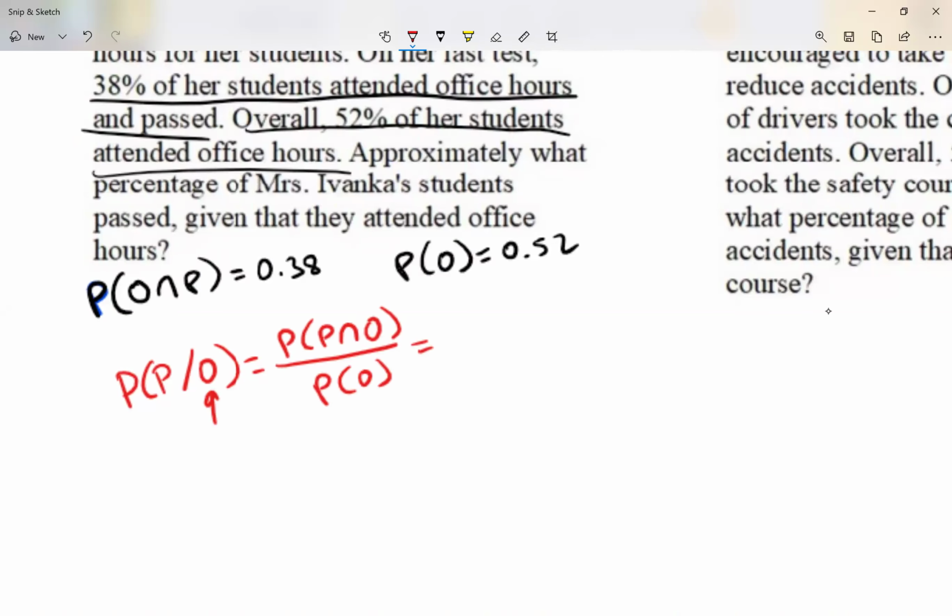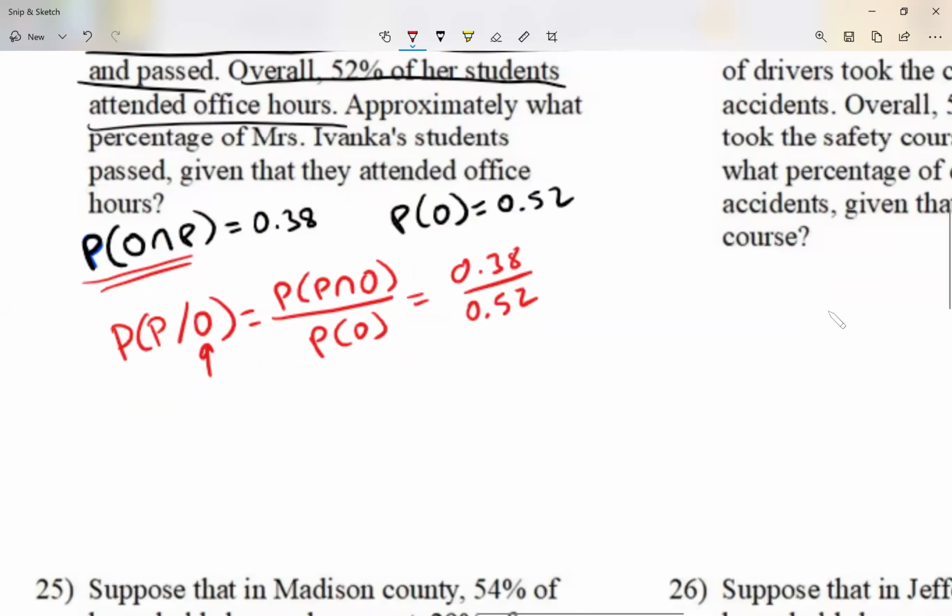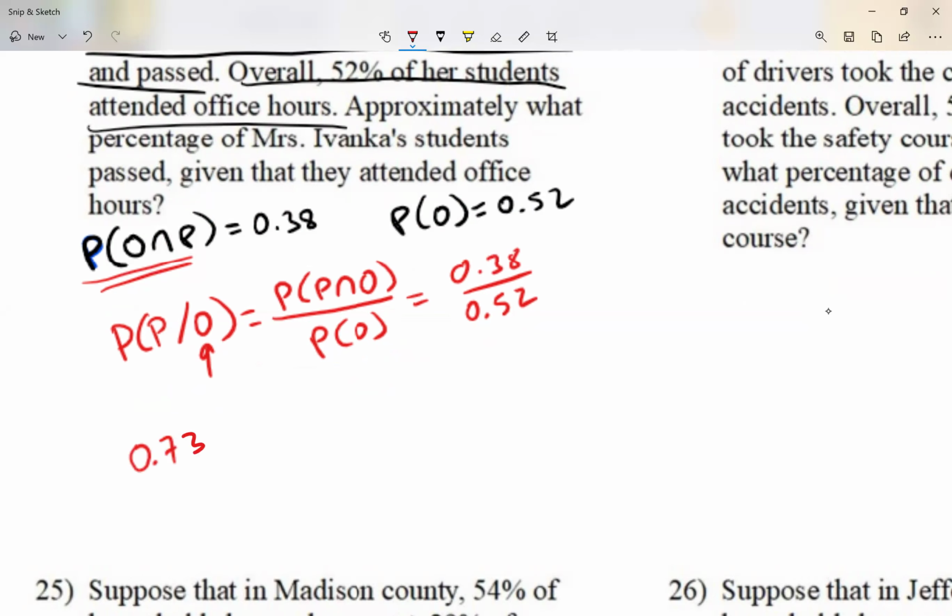Pass and office hours is 0.38, because the way we read this is office hours and pass, or we just flip it. The probability of O is 0.52. I divide 0.38 by 0.52, and according to my calculator, it is 0.730. My third decimal number is small, so 0.73.